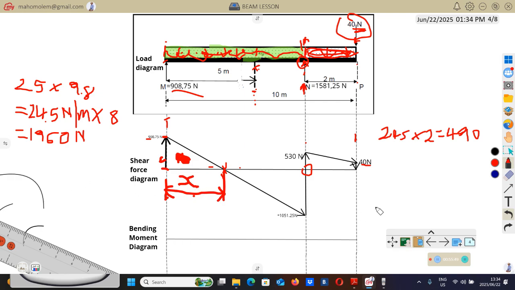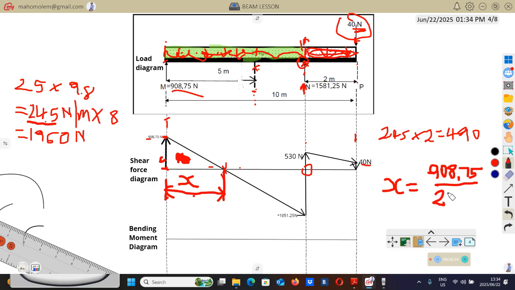So to find the x, you will say this height of the triangle, which is 908.75, divided by UDL. UDL, remember, is this one. The weight per meter length is 245.